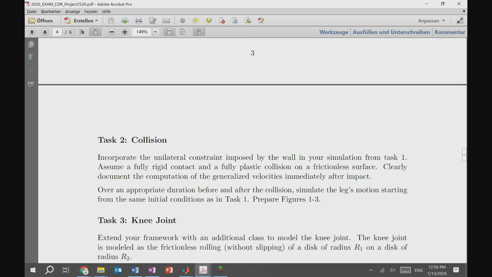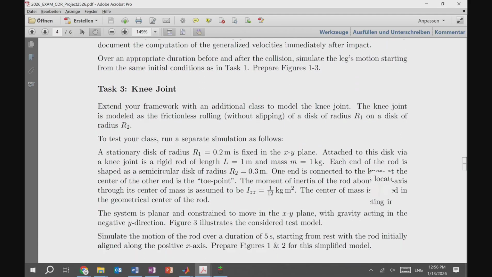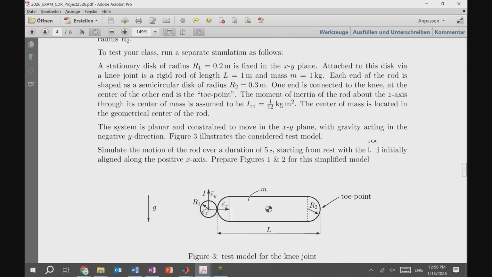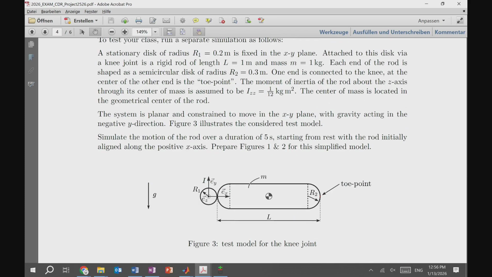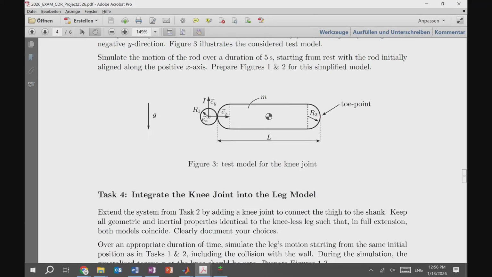Task two, you compute the collision, still with the rigid knee joint. Task three, you build a knee joint and you test it on this little scenario that we have here, where we have a fixed disc and a single segment with a single toe point, and you're basically creating a second simulation just to test your knee joint with this test case, and you validate that.